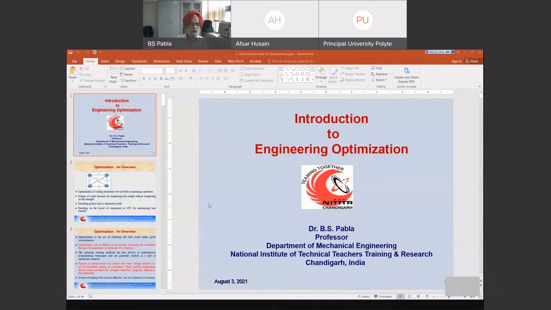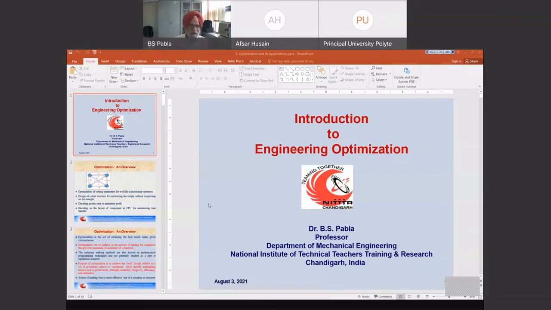I have been asked to talk on engineering optimization, so I will take up the introductory part only. Now let's see what is optimization and what is engineering optimization. Optimization applied to engineering problems, when we try to solve problems in the engineering domain, we call it engineering optimization.